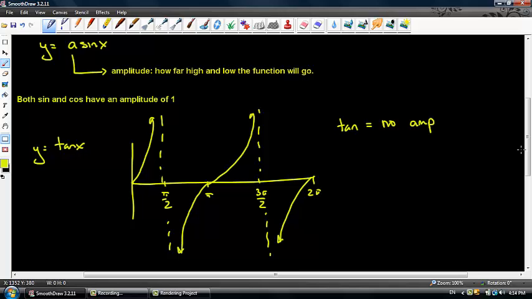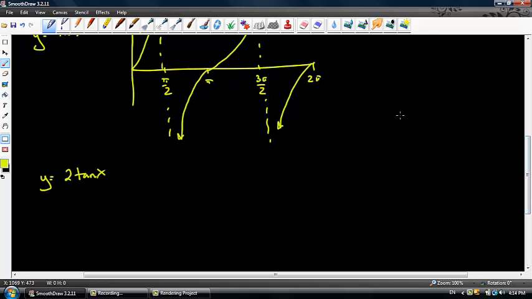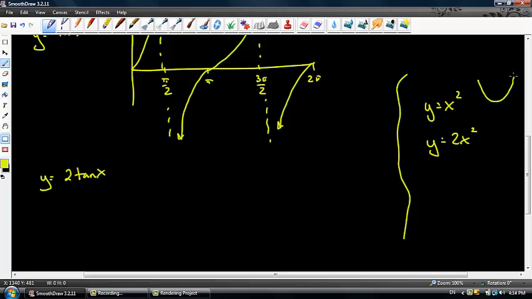So how is it that the numbers out front affect tangent? If I say y equals 2 tangent of x, let's take a look at an example that we do know. y equals x squared versus y equals 2x squared. Well, x squared had this behavior to it. 2x squared just made it a little bit skinnier.